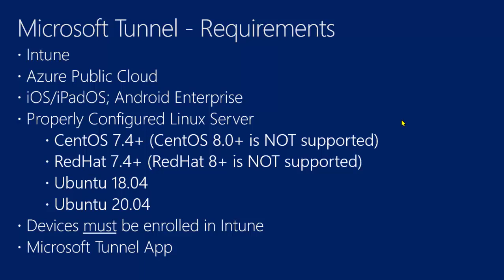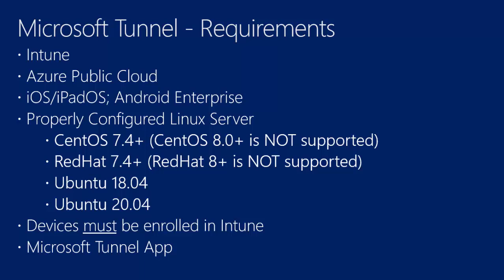I call that out because right now the Microsoft Tunnel capability is not supported in Azure Government Cloud, so Public Cloud is what we need. We need iOS, iPadOS, or Android Enterprise devices that we can manage here. Again, that list of devices we can support will expand as time goes by, but that's what we need right now.